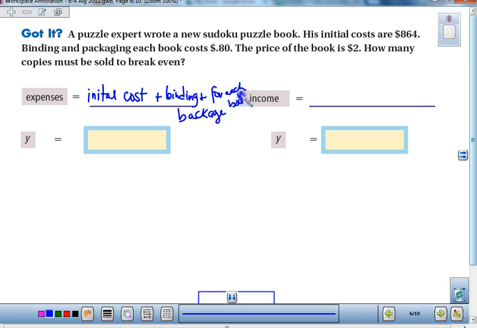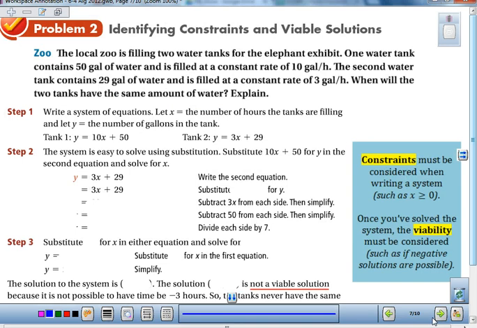Our income is going to be the price that we are charging per book. So you should be able to write two equations, put them right below here, and then you're going to solve that system. Remember, we are looking for how many copies need to be sold. We don't need the dollar amount. So look back at that last example if you need to.